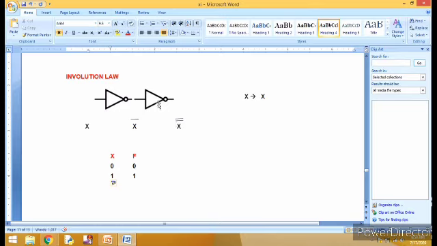Again, if it is passed through another NOT operator, then what happens? It gets the double complement, isn't it? So with the double complement, what are you getting? The value x. You are getting this x, right?